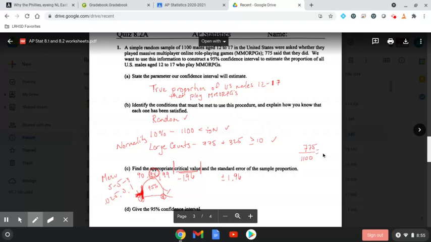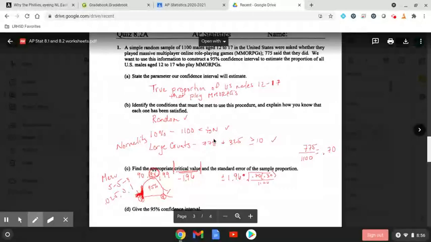So I think it's fair to say we can round to 0.7. All right. So that would be those that responded yes out of our total. All right. So times the square root of 0.7 times 0.3 divided by our sample size.